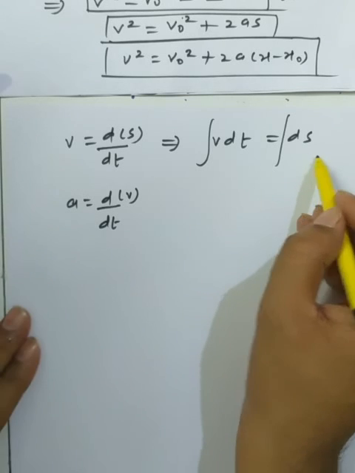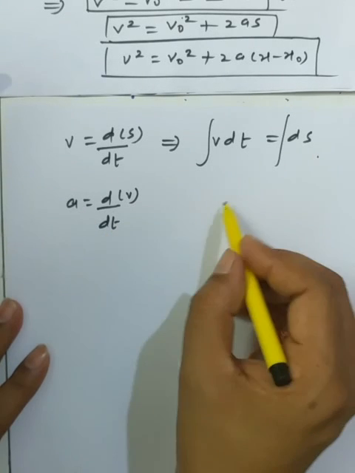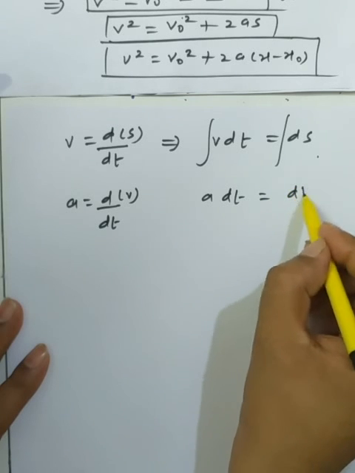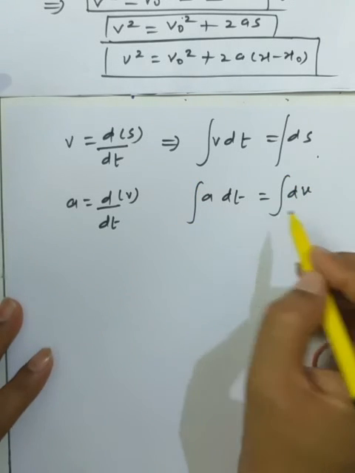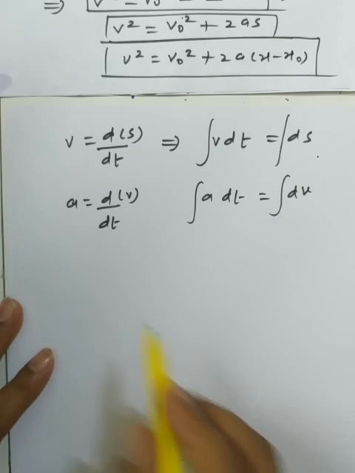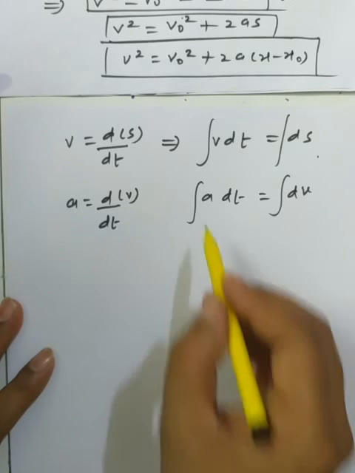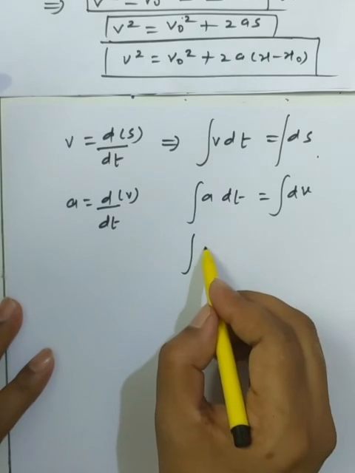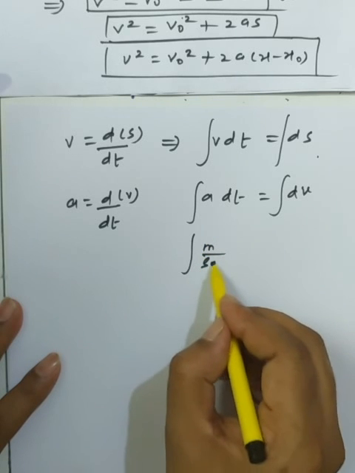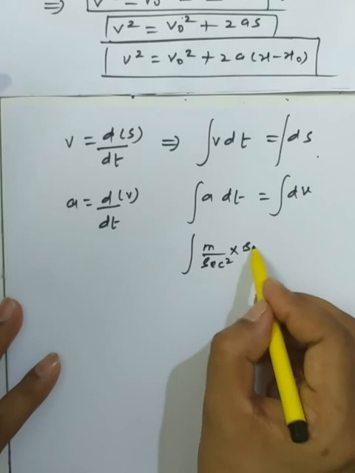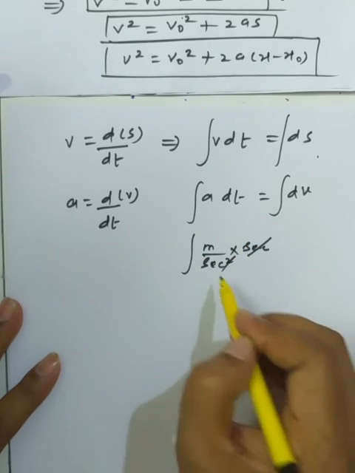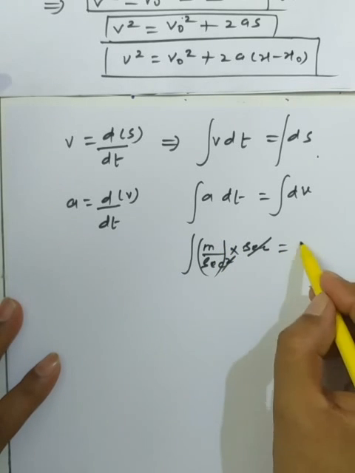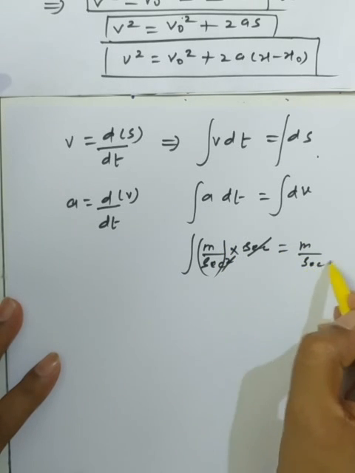Now here we apply the integration, a dt is equal to dv. Further, we get the finalized velocity, because acceleration has its own unit. Merging it, meter per second square times second, the second cancels with second, so the final answer comes in the form of velocity, that is meter per second.